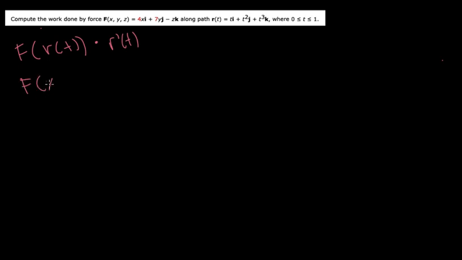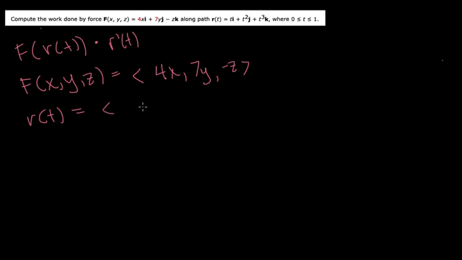So our F of x, y, z is equal to, written in vector form, 4x, 7y, and negative z. And then we can write down our original r of t function that's given to us. This is equal to t, t squared, t to the third.